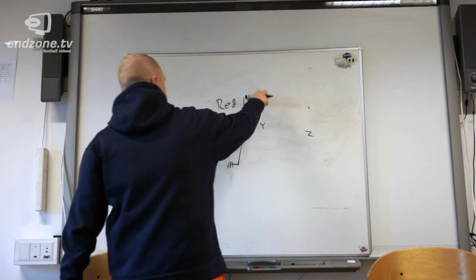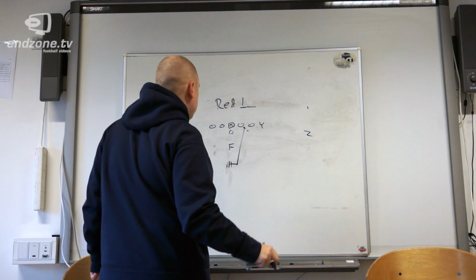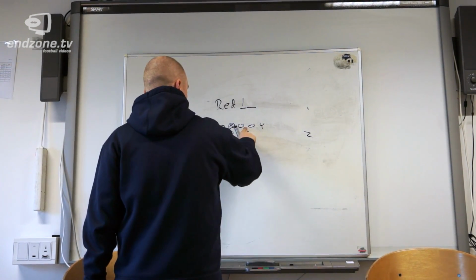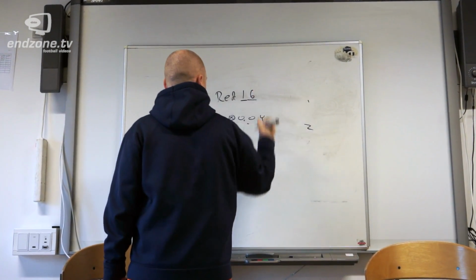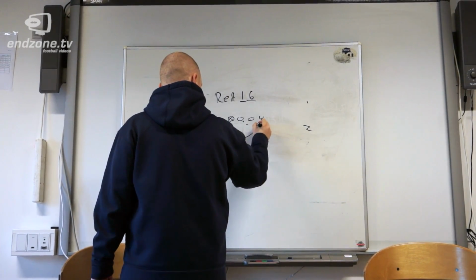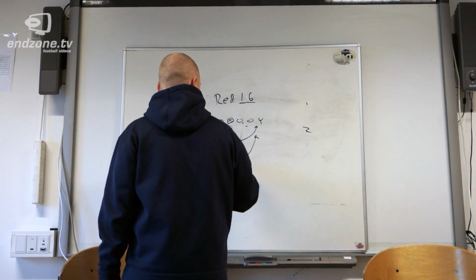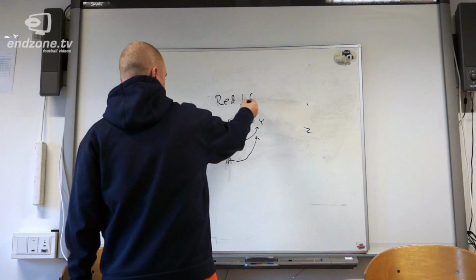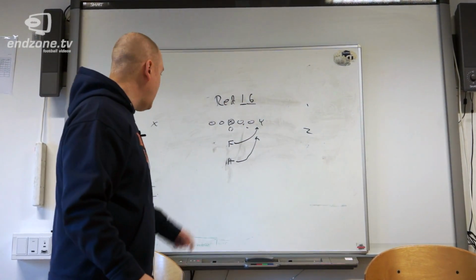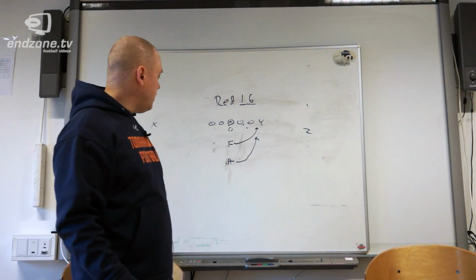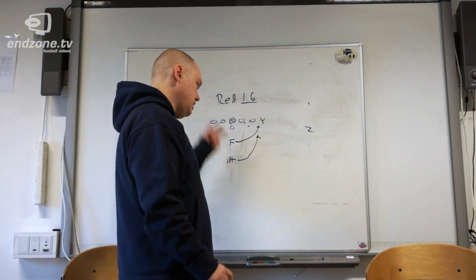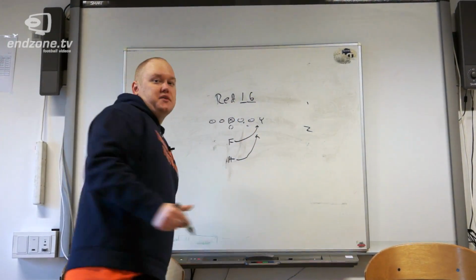If I wanted to keep this same blocking scheme, inside zone scheme, and I wanted to run more of a stretch play, I could run 6. I change one number. These guys know how to adjust because the H-back always knows he's going to that gap. And in this particular blocking scheme, we always say the fullback follows, or leads, excuse me, and the linemen block the same thing.